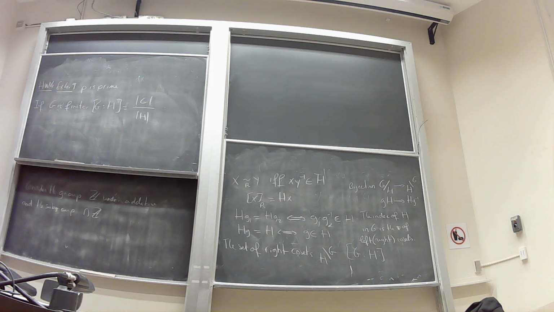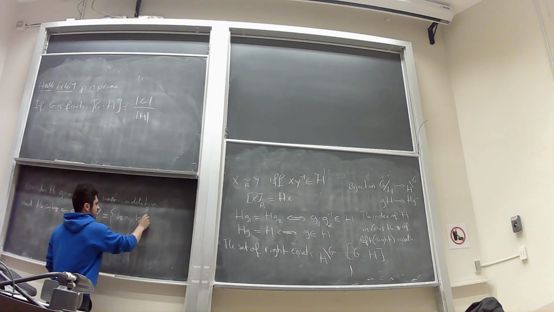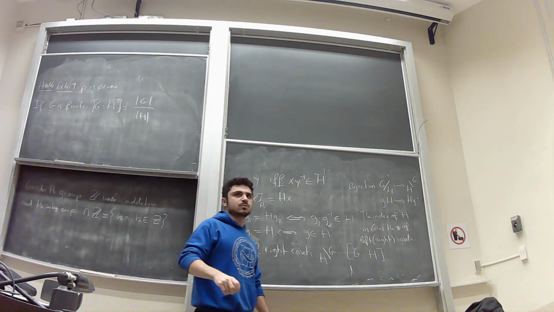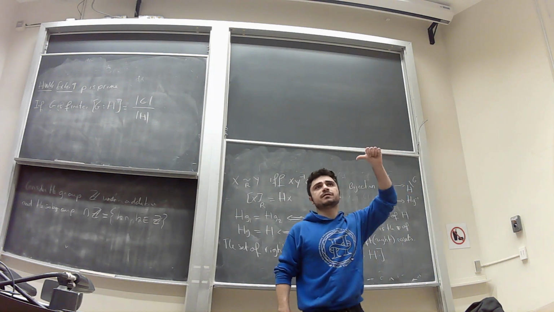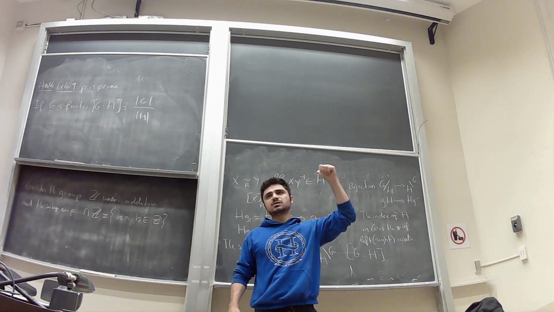Okay, what is the subgroup nZ? It's just all the multiples of n. So it's kn as k is in Z. Do we agree that this is a subgroup? So all the multiples of n. Is 0 a multiple of n? Yes. 0 is 0 times n.